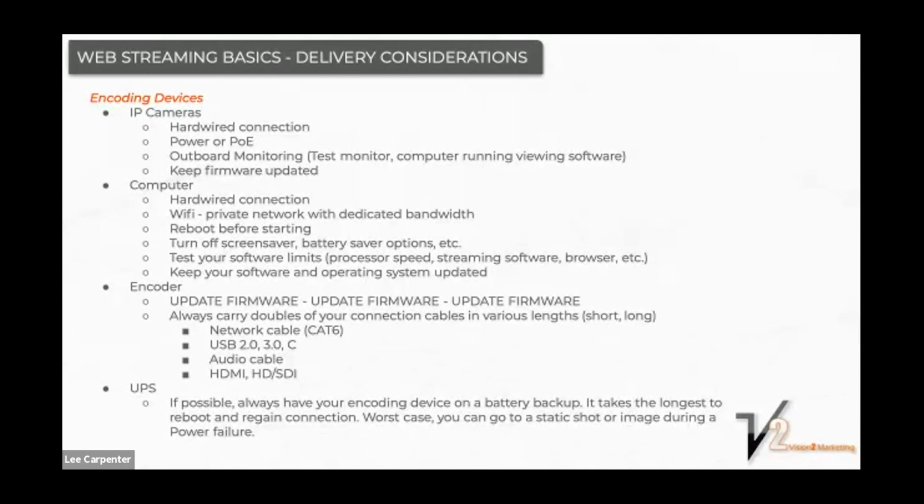Test your software limits. When you're doing software-based encoding and streaming, like with Wirecast, for instance, it works really, really well on a computer by itself. When you start turning on a lot of devices that work with Wirecast, such as a piece of software that does titling or graphics for you, when you use those two pieces of software together, it sucks a lot of processor speed and it makes things very slow in your computer.